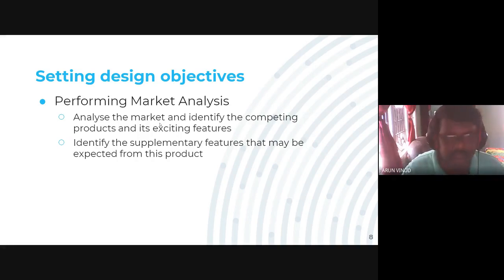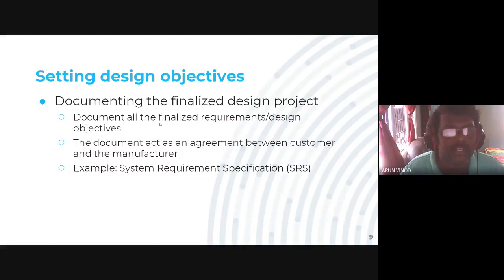The next objective is documenting the finalized design. Document all the finalized requirements or design objectives. The document acts as an agreement between the customer and the manufacturer, right? So we discussed feasibility initially, then we analyzed the market, and finally we are documenting it.